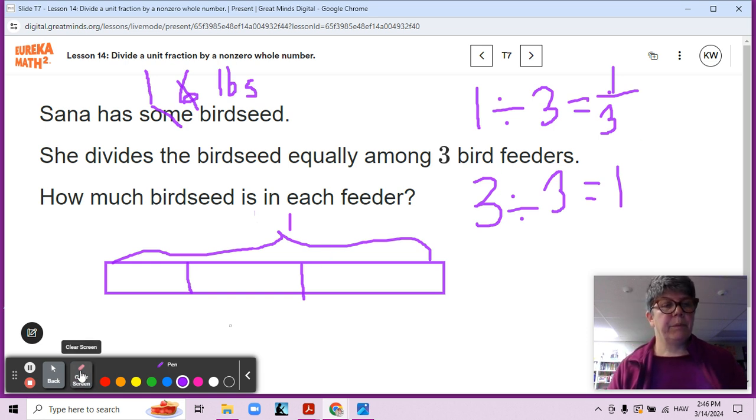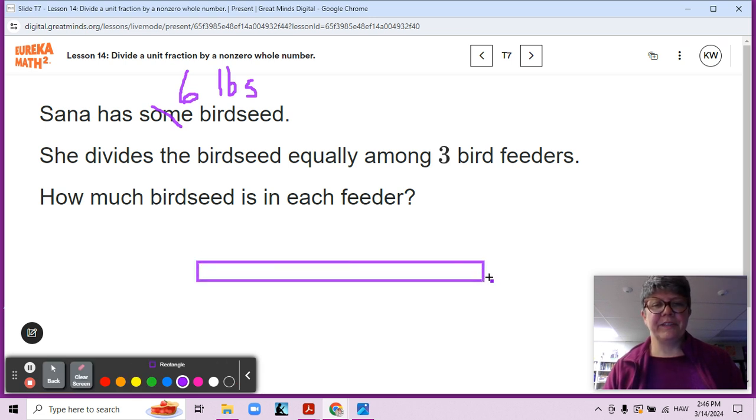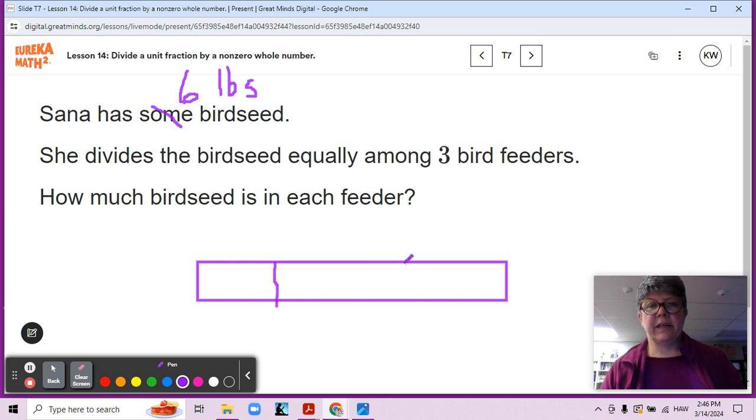All right? But what if, oh, sorry, I did it again. It looks like an eraser, so it just seems like an eraser to me. But what if instead of 6 pounds, instead of 3 pounds, instead of 1 pound, what if we only had a 1/2 pound of birdseed?